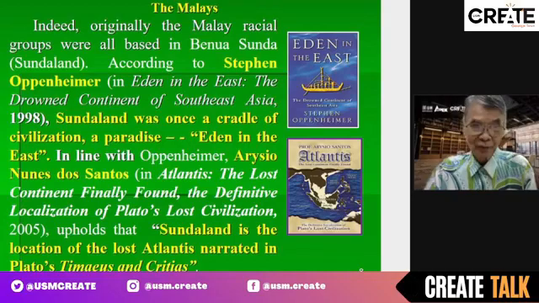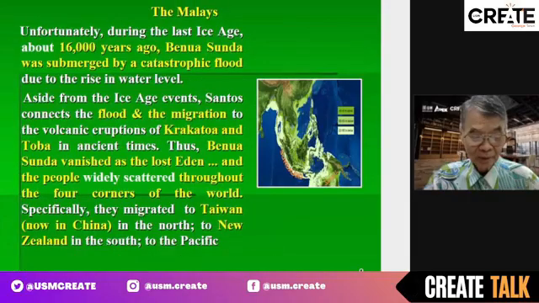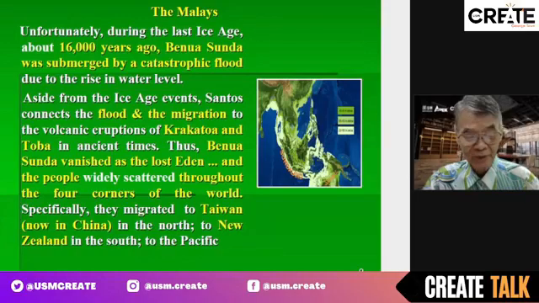Still about this big group of Malays, but unfortunately, during the last ice age, about 16,000 years ago, Benua Sunda was submerged by a catastrophic flood due to the rise in water level. Aside from the Ice Age event, Santos connects the flood and the migration to volcanic eruptions of Krakatoa and Toba in ancient times.